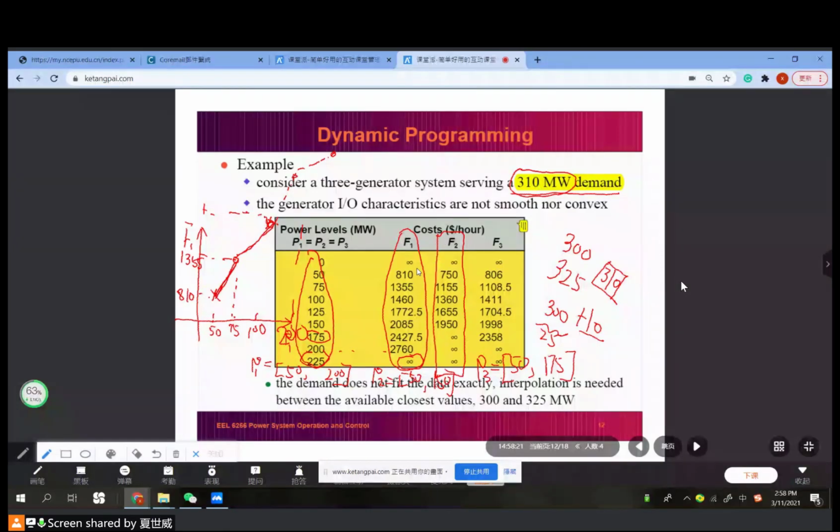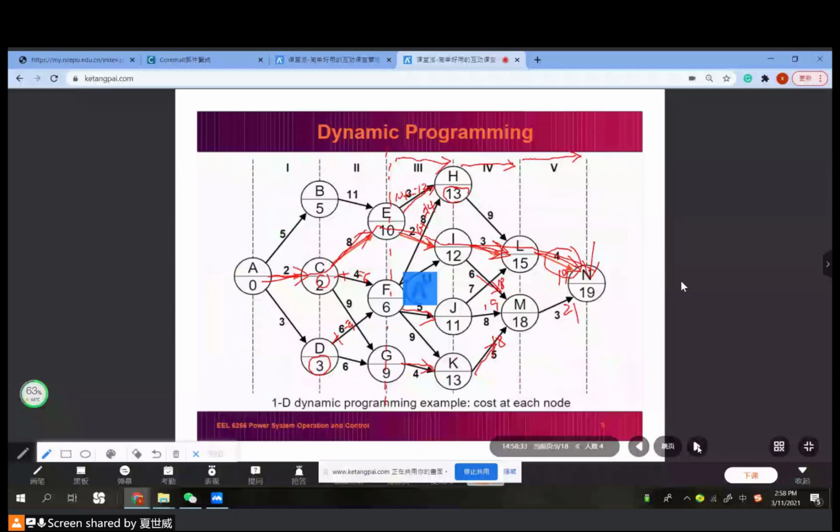First, we calculate how to allocate the total generation between 2 generators. It's very similar to this: we have to travel from A to N. There are many stages. First, we calculate one stage, and then we add another stage, and then we add another stage, and then we add another stage. Finally, we calculate all the stages.